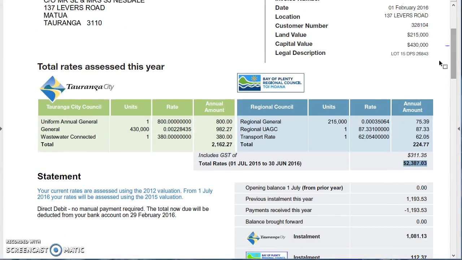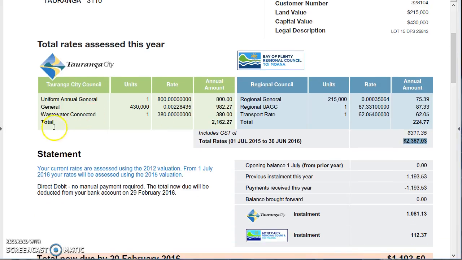One thing that doesn't appear on my invoice, but might appear on yours, is targeted rates. Let's say you lived in the Lakes District near Tauriko, near Pyes Pa. You'd have a separate item here because that area has gone beyond the minimum in terms of plants and waterways and that kind of thing, so that requires a little bit of extra contribution from those residents to keep that maintained, and so you might see an extra item there.